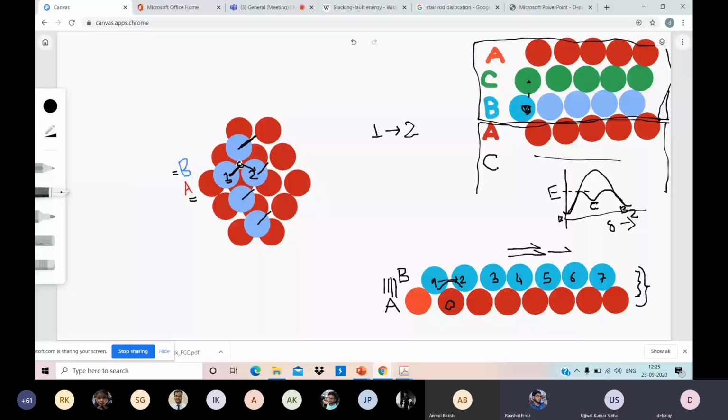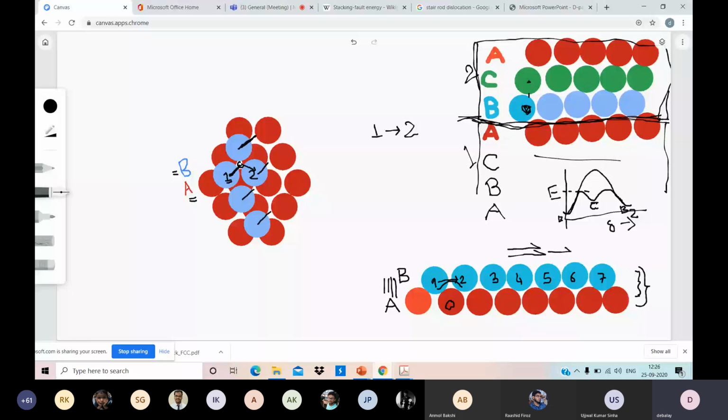C. Below that, there is a B layer. Very simply, part 1 is stationary, part 2 is moving, and the shearing is taking place between these two planes only, between the A plane that I am mentioning and the B plane. So this is my slip plane.